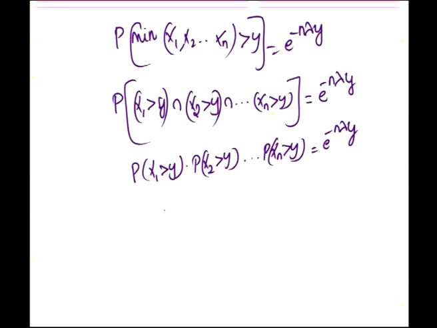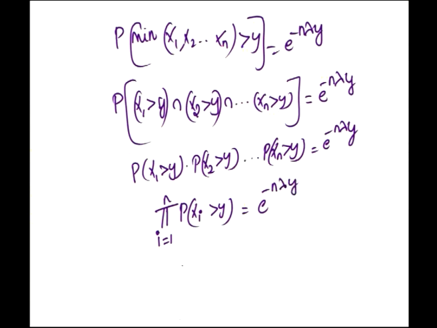It is like the multiplication of i equal to 1 to n P of Xi greater than y is equal to e power minus n lambda y. Okay. So, this implies P of Xi greater than y, because of identity all are same, whole power n is equal to e power minus n lambda y.